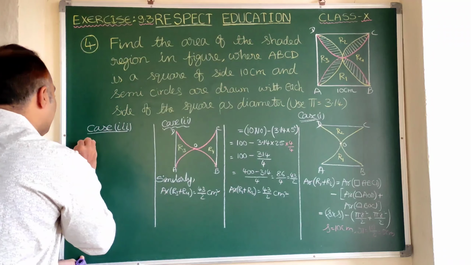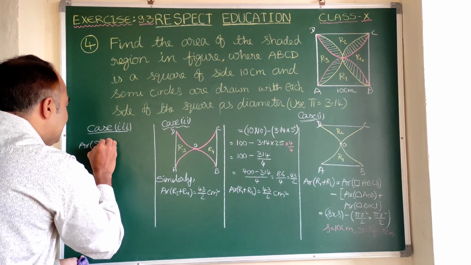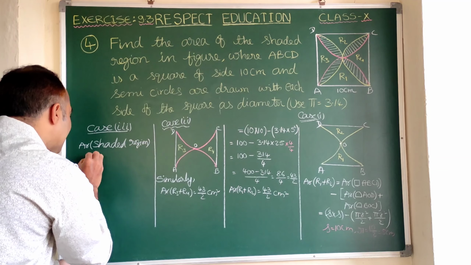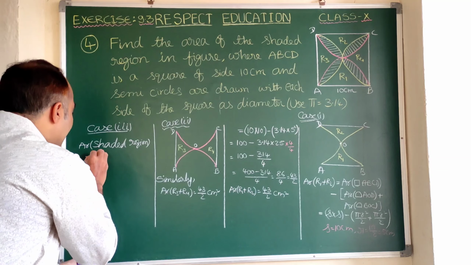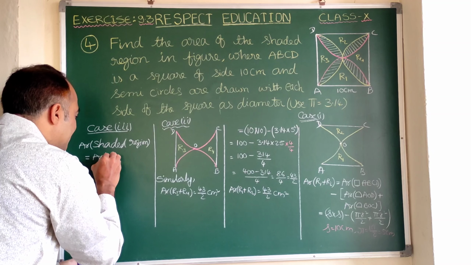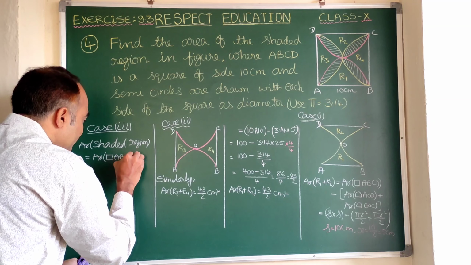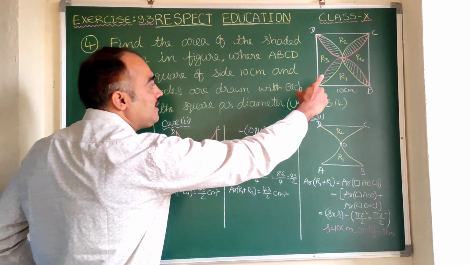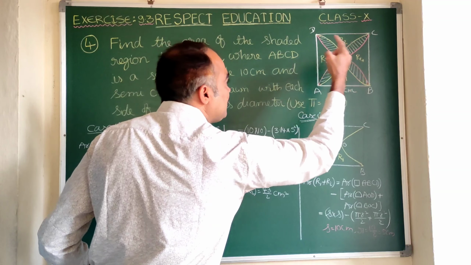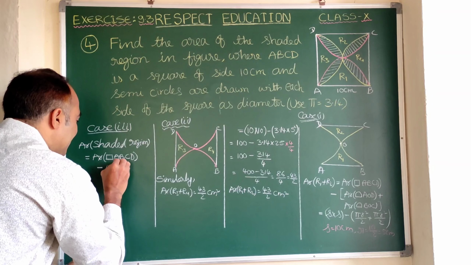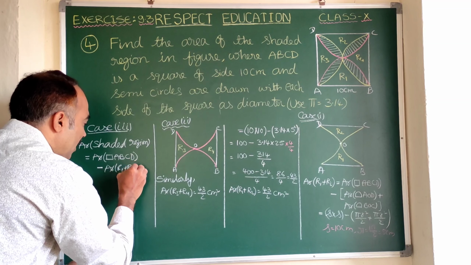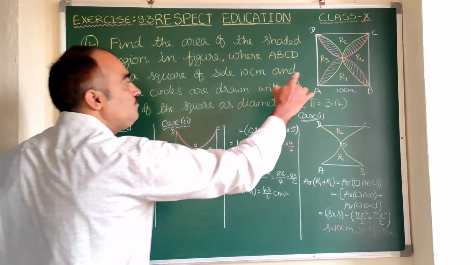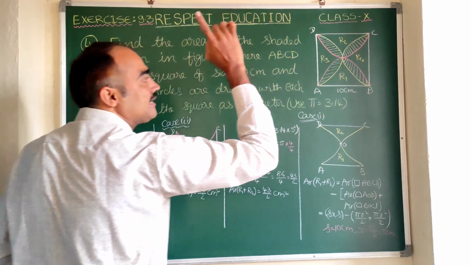Area of the shaded region is nothing but area of the square ABCD minus area of R1 plus R2 plus R3 plus R4. These are the 4 regions to be subtracted.